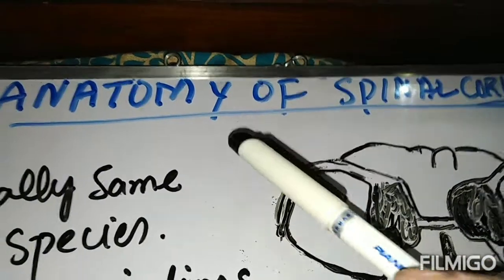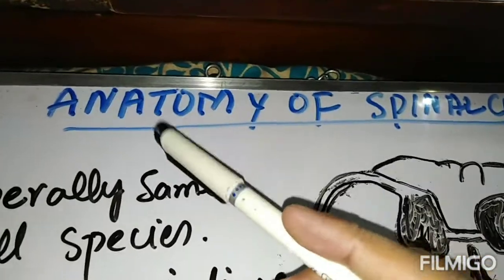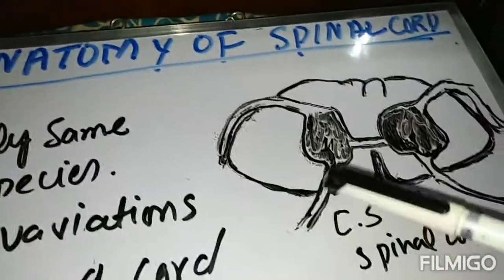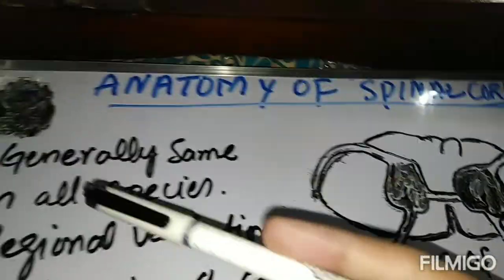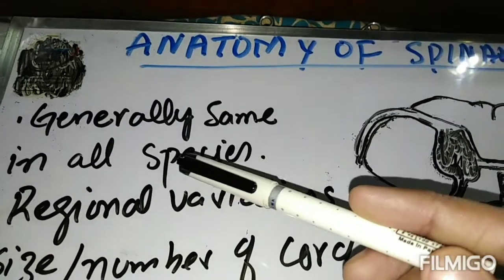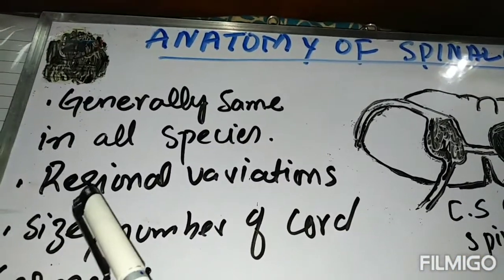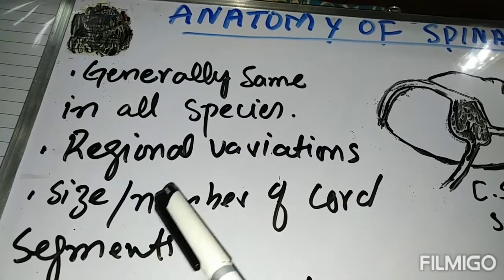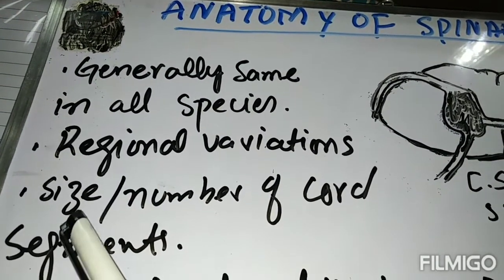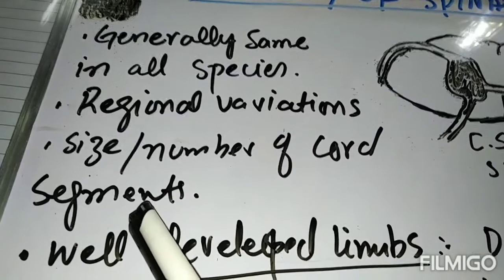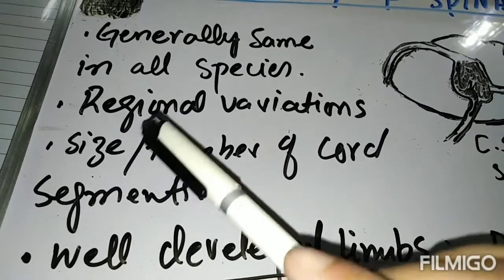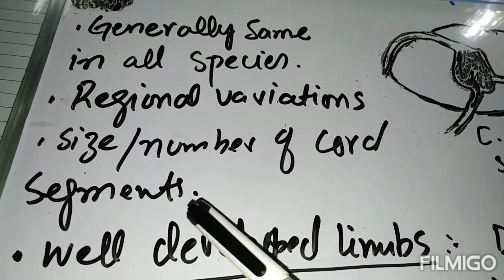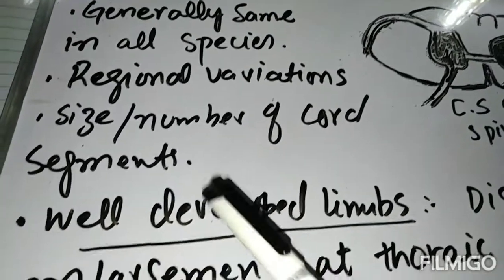At the end of the video, we will discuss a fact about the anatomy of the spinal cord. The anatomy of the spinal cord is generally the same in all species, but some species show some regional variations. These regional variations are in the size and number of cord segments. These variations are due to different locomotory strategies used by different species.